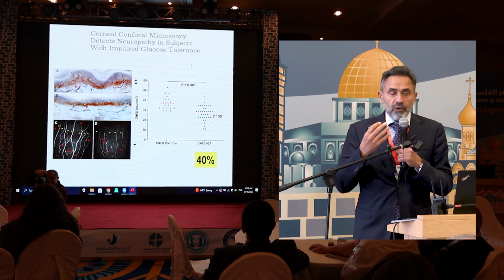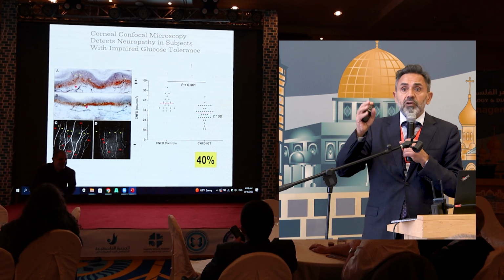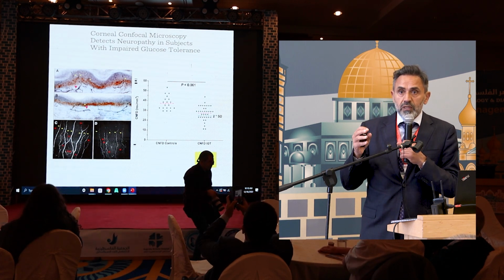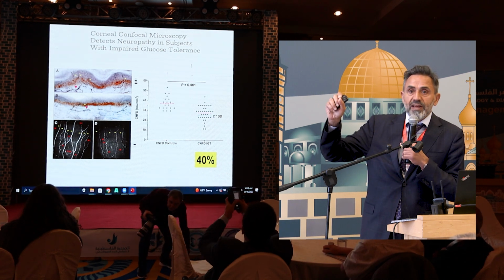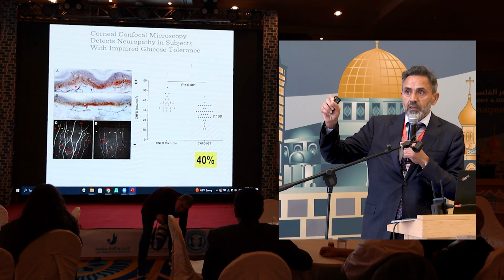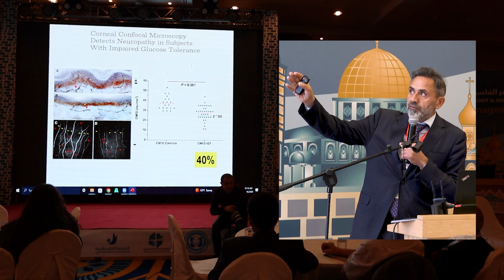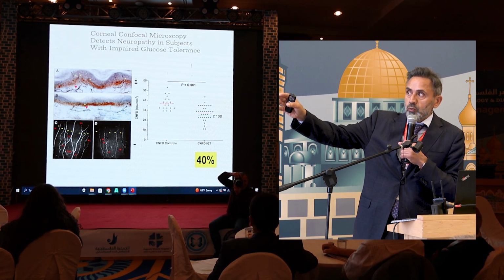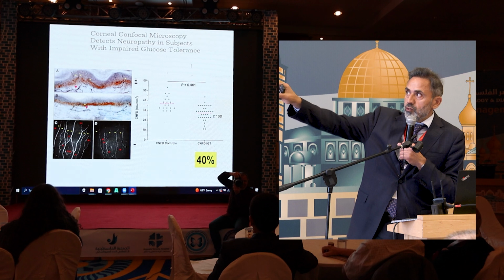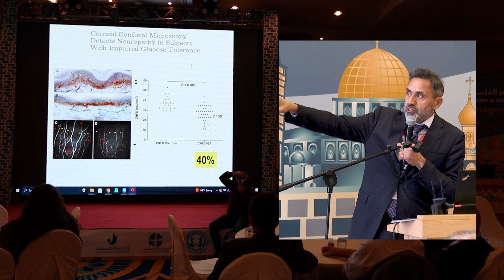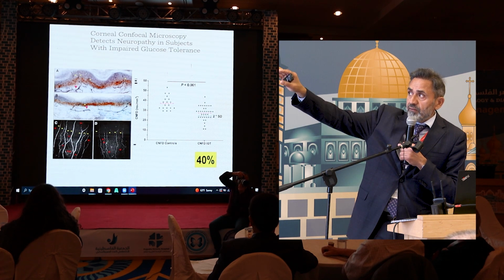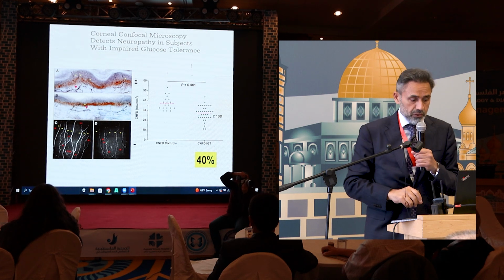The other thing that we've done is looked at people with pre-diabetes, impaired glucose tolerance. And what we show is that already in impaired glucose tolerance, there is a loss of small fibers in the skin, but also small fibers in the cornea. You can see on this panel in the IGT group, about 40% have more than a 2SD loss.